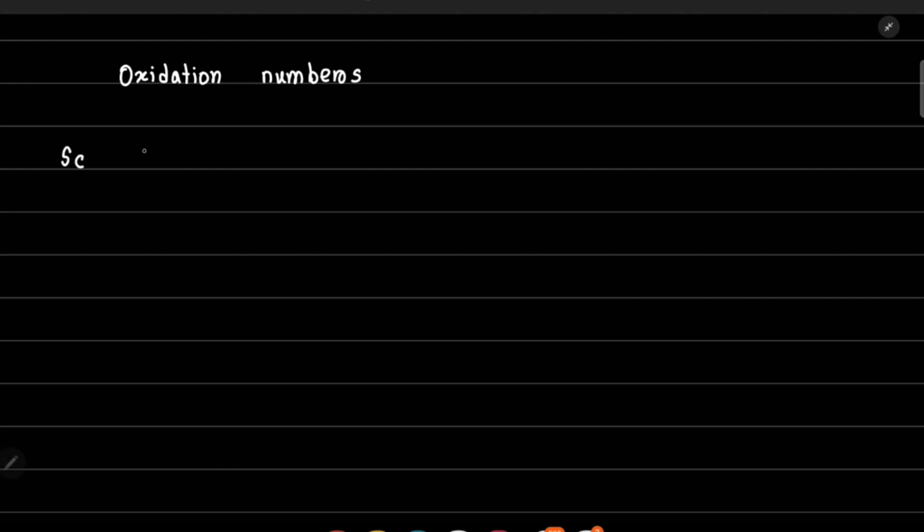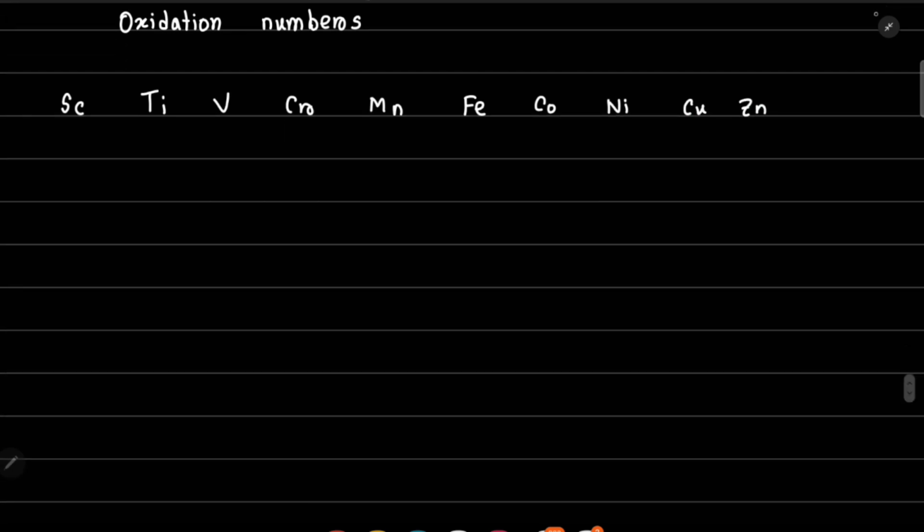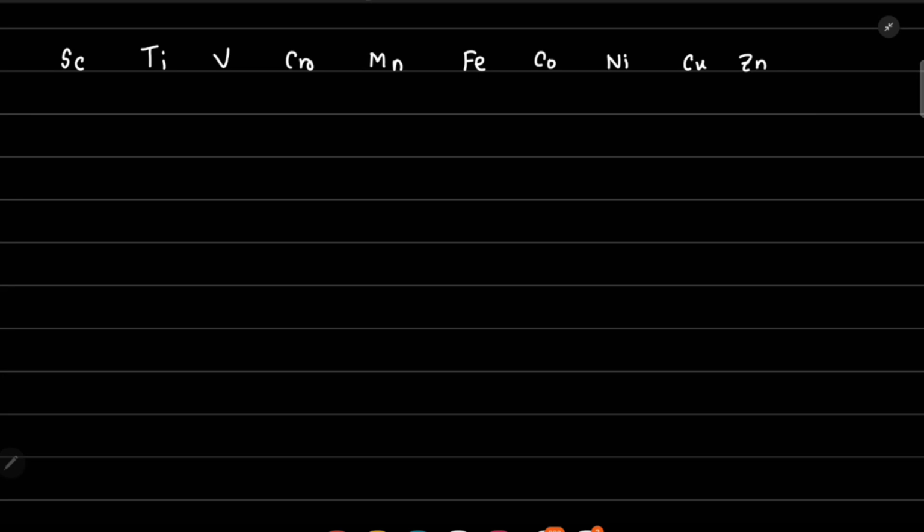So starting from scandium, then titanium, vanadium, chromium, manganese, iron, cobalt, nickel, copper and zinc. Scandium can exist in +2 or +3.